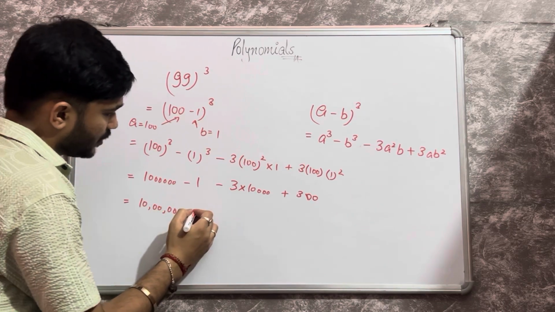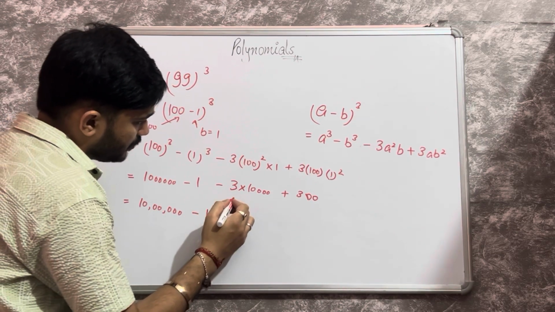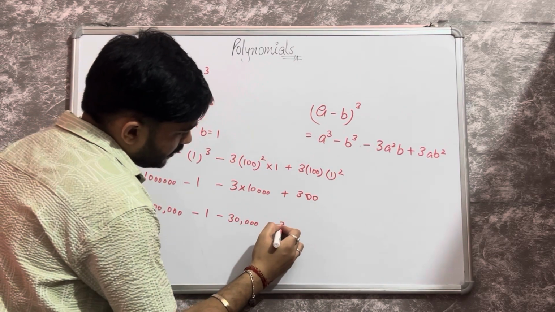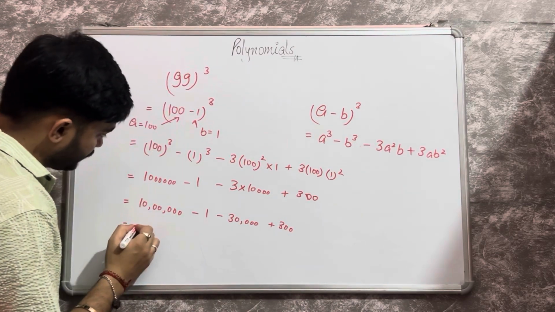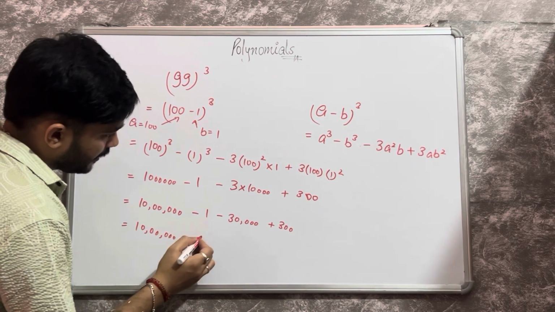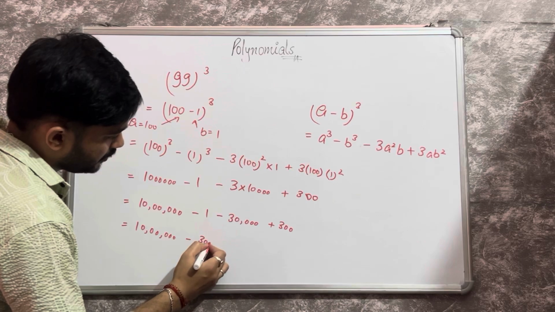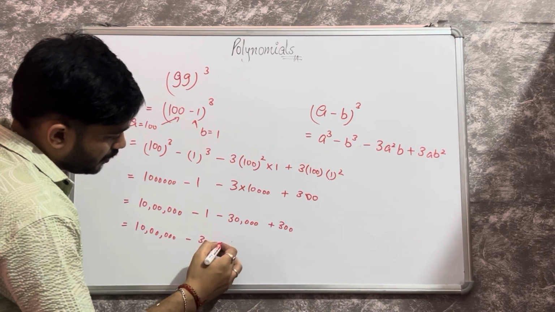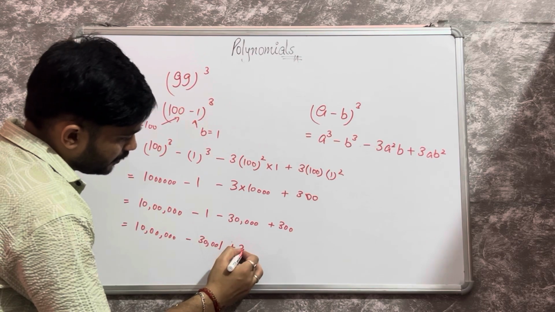10 lakh minus 1 minus 30,000 plus 300. Add these two numbers, you will get 30,001 plus 300.